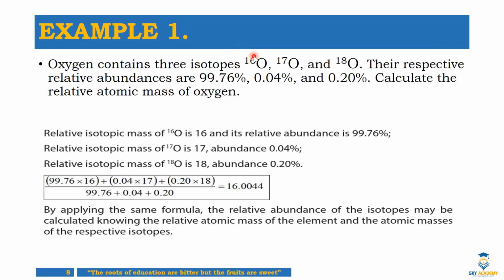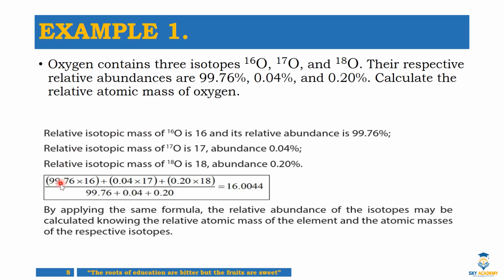This is the relative isotopic mass, and then this is its abundance. The second one is 17, its abundance, and the third one is 18, its abundance. Then we are going to use our formula for relative atomic mass.